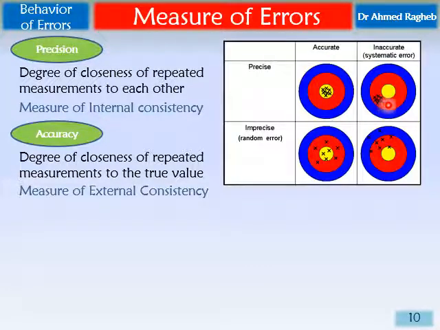This player is very precise because the measurements are close to each other, internal consistency, but it's far from the true value. This is accurate because it's around the true value, but they are scattered, they're not close to each other. And this is inaccurate and imprecise.